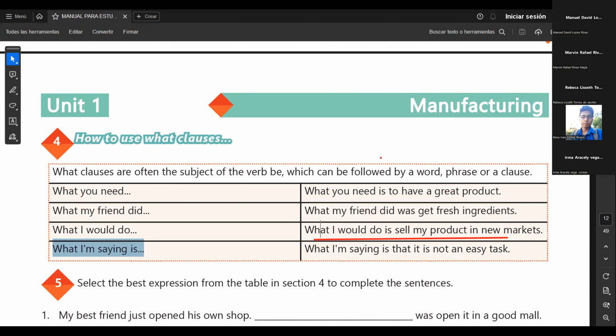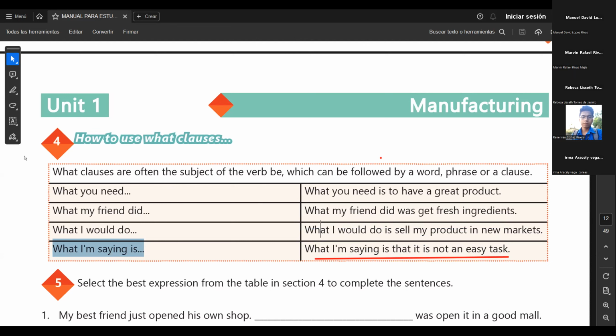Probably Marvin, can you read the next one, please? What I would do is sell my product in new markets. Thank you very much. And Rene, the last one, please. Okay. What I am saying is that it is not an easy task.